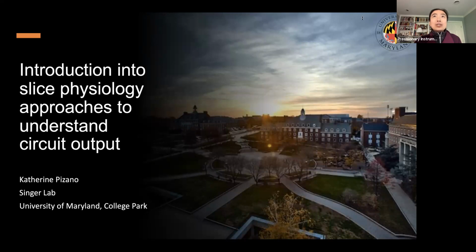So I want to introduce Katherine Pizano, who is a graduate student from the lab of Dr. Joshua Singer at the University of Maryland College Park. Katherine's research journey has taken her from Princeton University, where she explored molecular bio and in vivo calcium imaging techniques, to a post-bac fellowship at the NIH, focusing on neuropeptide input to gonadotropin releasing hormone neurons.